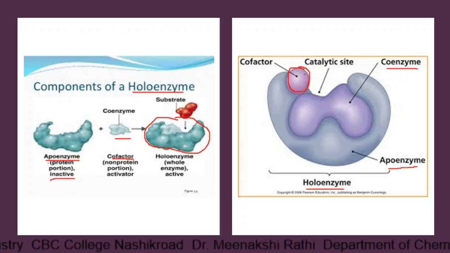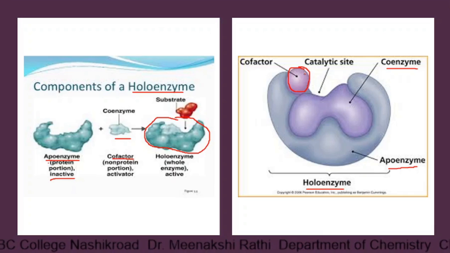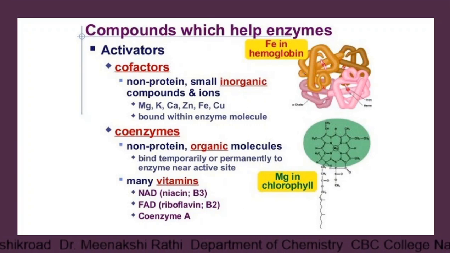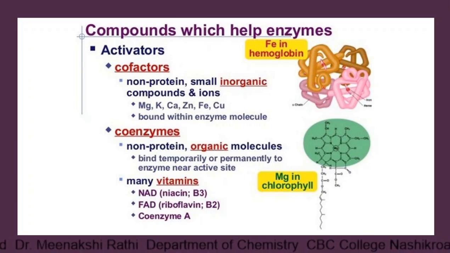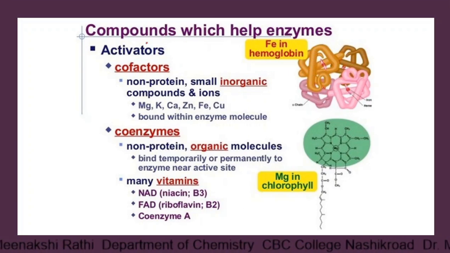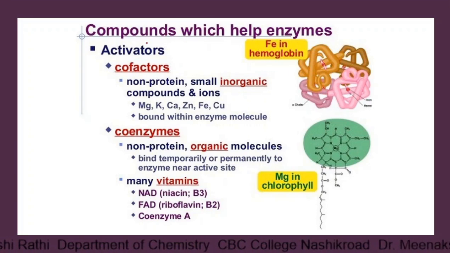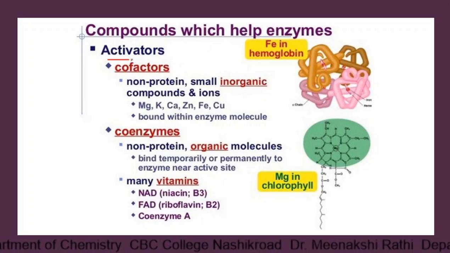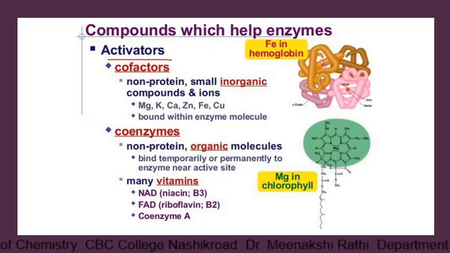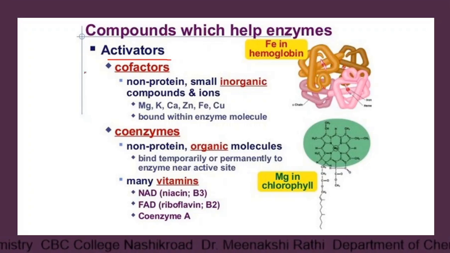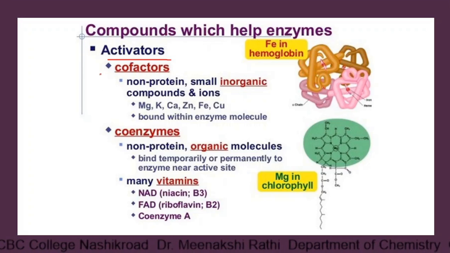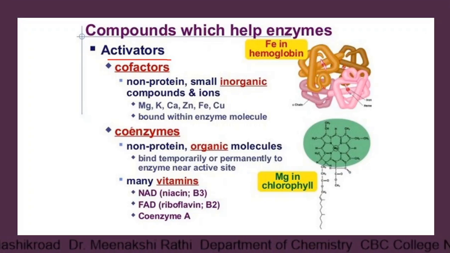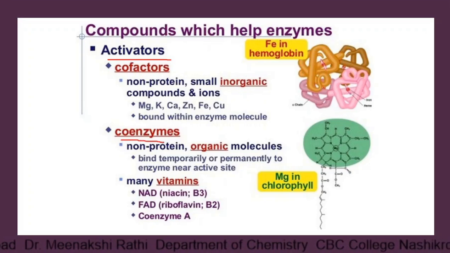Now let's see what is the difference between coenzyme and cofactor. As I already told you, some enzymes alone cannot act. They need some activators or helpers. There are two helpers which help the enzymes for their catalytic activity: one is cofactor and another is coenzyme.